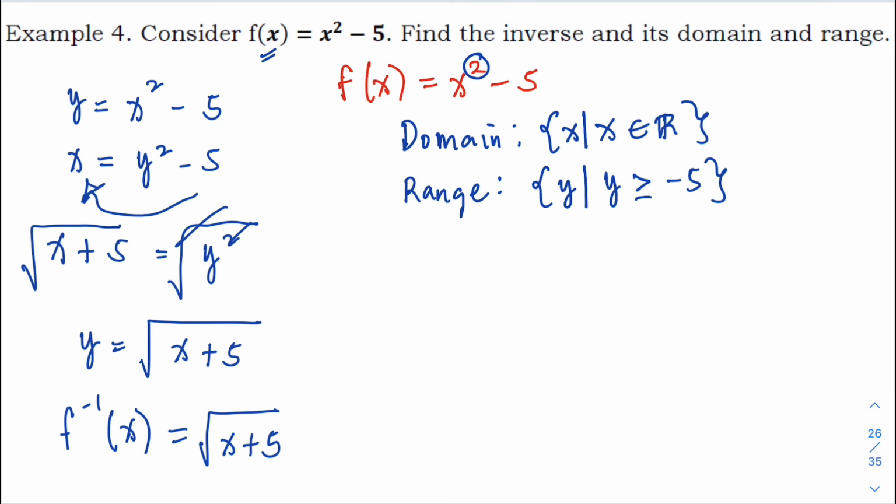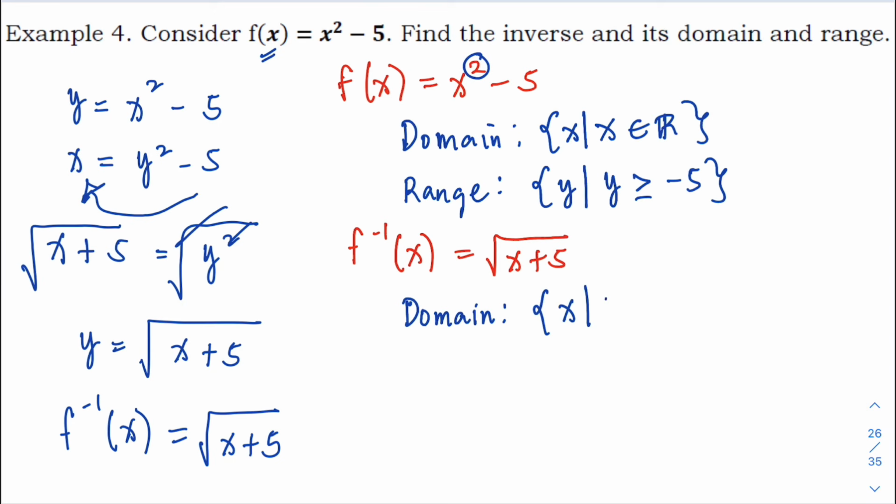Naintindihan guys? So, ngayon, try naman natin kunin yung domain and range ng ating inverse function na square root of x plus 5. Okay? So, dito guys, kagaya na sinabi natin kanina, ang domain natin dito is yung range ng ating original function. So, that is the set of all x such that x is greater than or equal to negative 5.